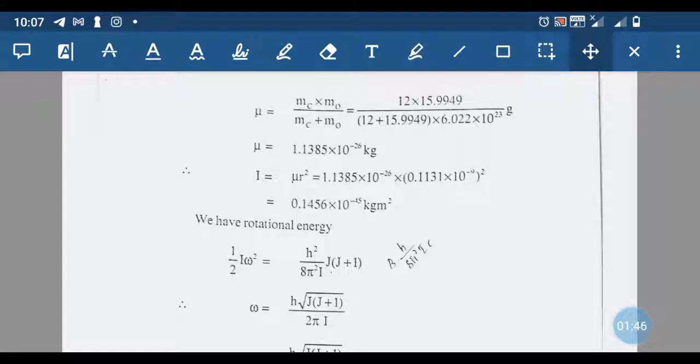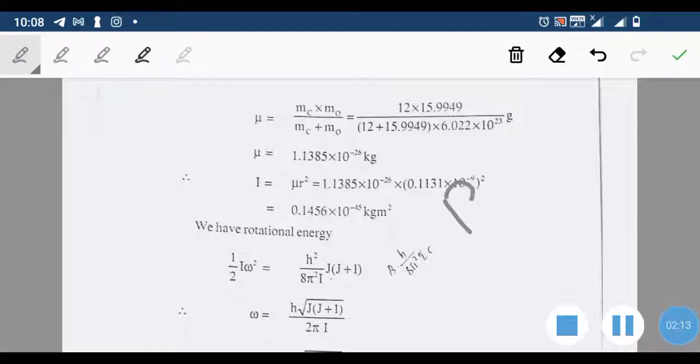The molecule's rotational energy is given by half I omega square, which is equal to h square divided by 8 pi square I into J into J plus 1, or it is BhC into J into J plus 1. Substituting B as h divided by 8 pi square I c, into hc, it becomes h divided by 8 pi square I c into hc.